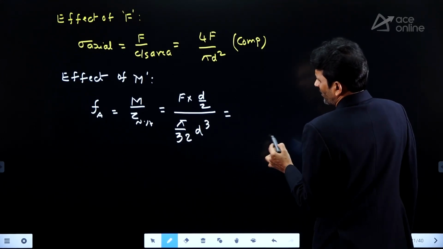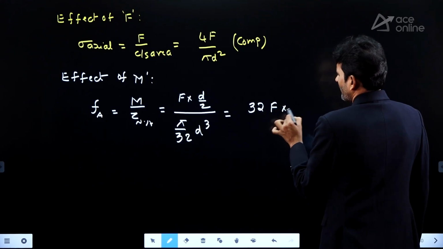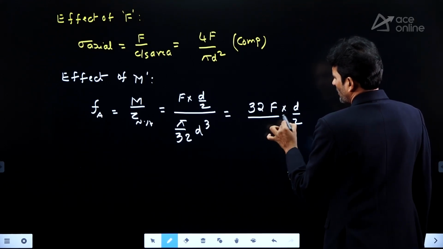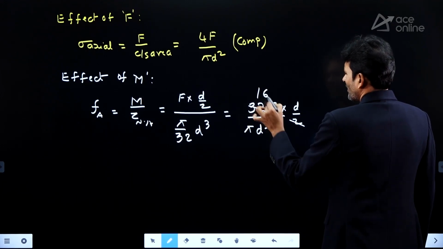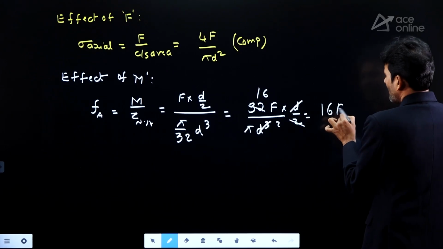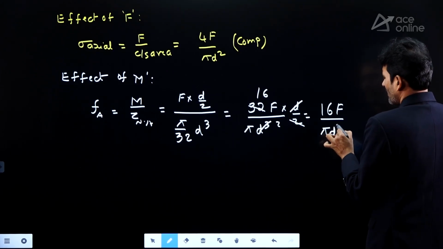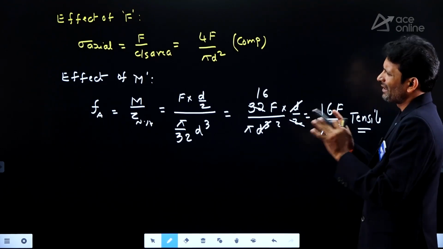Simplify this: 32 F D divided by 2 pi d cube, which gives 16 F divided by pi d square. What is the nature of this stress? Tensile. Both are in the x direction only.